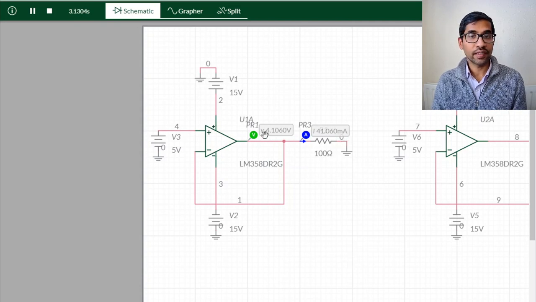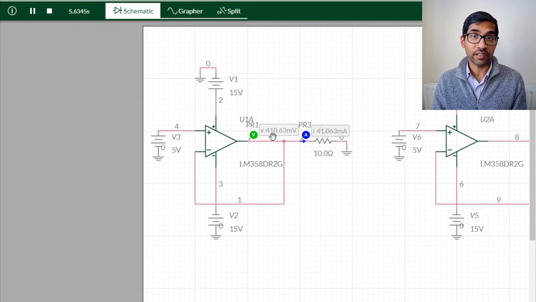But you can see that this voltage is no longer 5 volts. And why is it not 5 volts? Because the op amp is not able to supply 41 milliamperes of current through the output. So the voltage is dropping down. If I still reduce this resistance, let's say to 10 ohms, even now, the current is not going above 41 milliamperes.